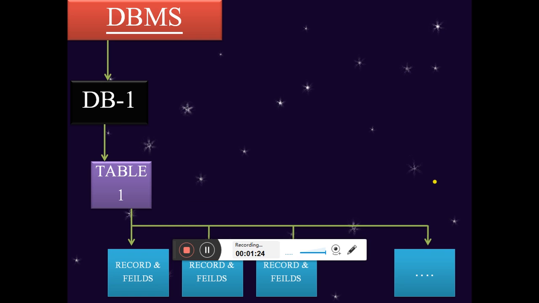Fields means the columns and records means the rows. A table is a combination of columns and rows, and multiple cells make a table. So columns are called fields and rows are called records.